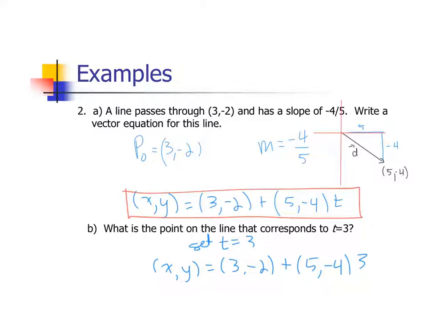Normally we write that 3 out in front when we're doing a scalar, so I'm going to write it out in front. So now we have (x, y) is (3, -2) plus, we just multiply that vector by the scalar. So that's going to be (15, -12).